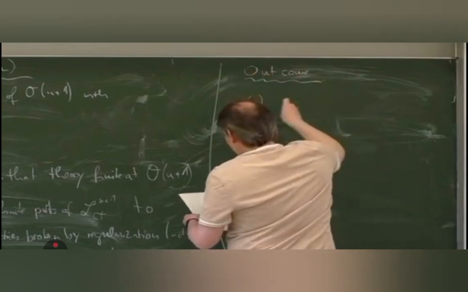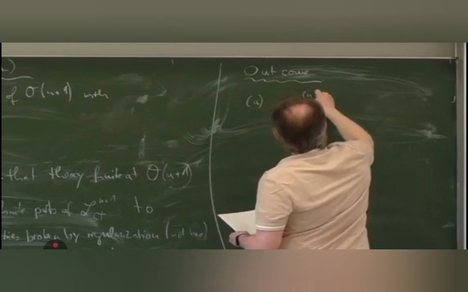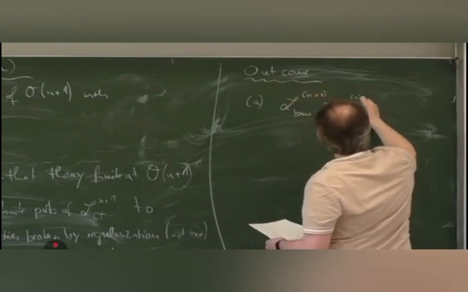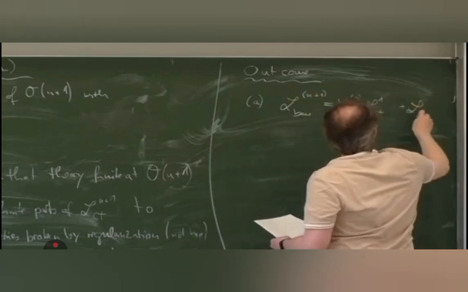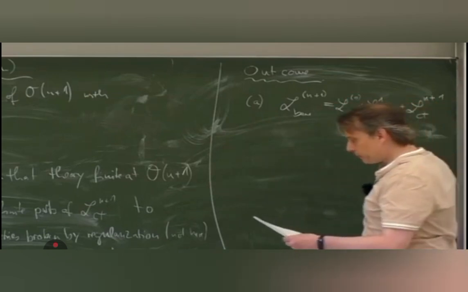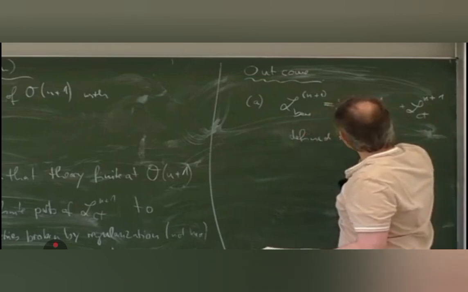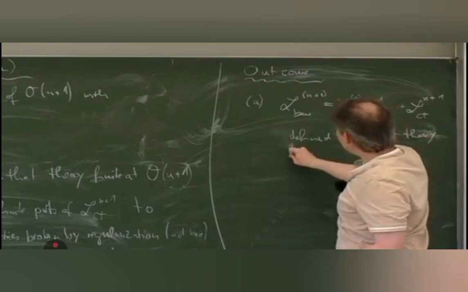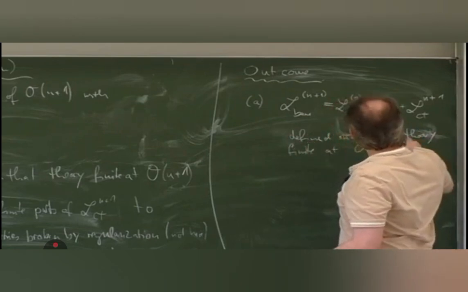So A, you have now a bare Lagrangian at the n+1 loop level, which is given by the classical Lagrangian L0 plus all the counter term Lagrangians up to the n+1 loop level, defined such that the theory is finite at the n+1 loop level.